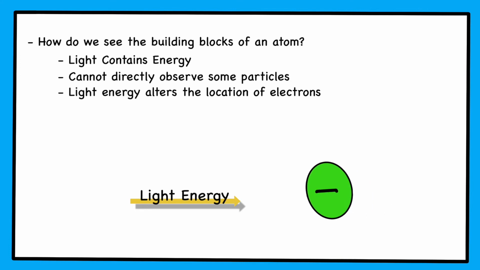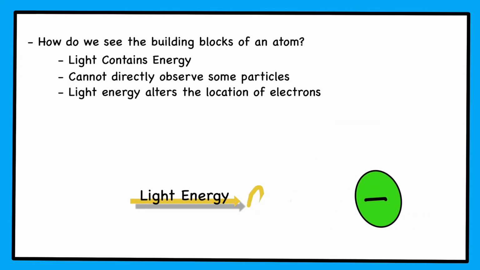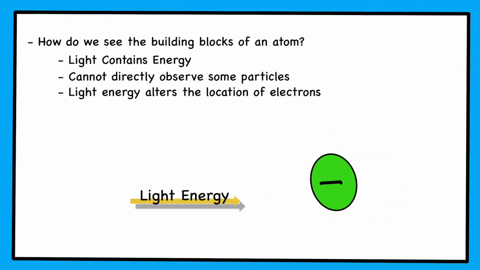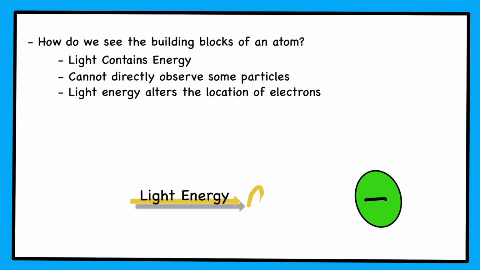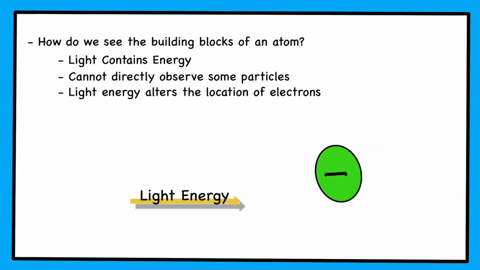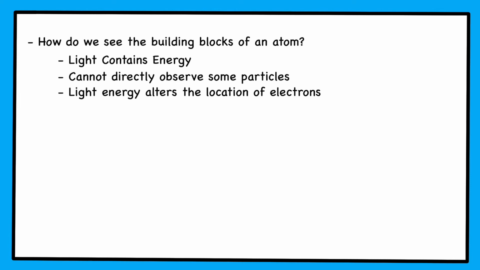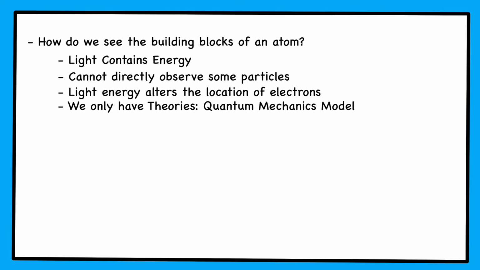In other words, we cannot see how an electron naturally behaves because once we visually see them, the light it took to view them alters the location and pathway of the electron. Because of this, we have only been able to theorize the behavior of electrons through the quantum mechanical model, or through electron orbitals and configuration.